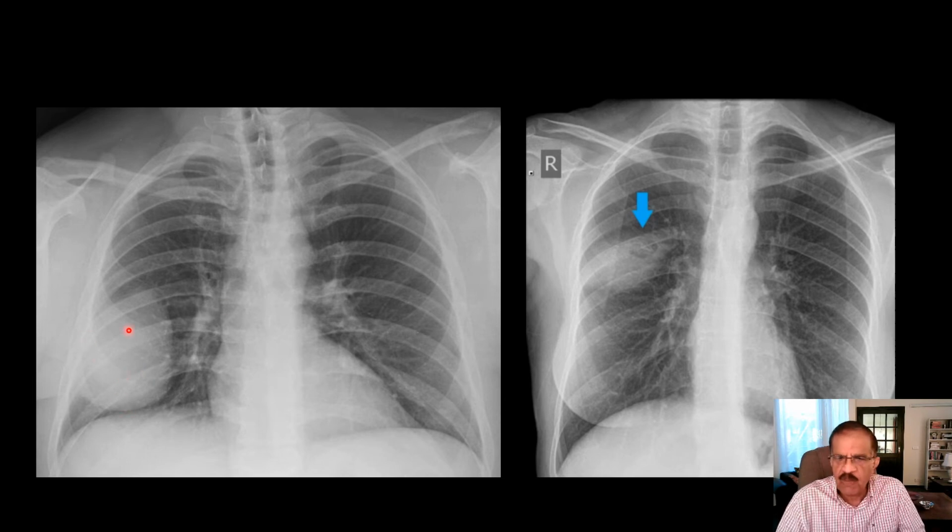Sometimes effusion may be encysted in the oblique fissure or transverse fissure or against the chest wall. Now, this one, for example, is actually an encysted effusion in the transverse fissure. This is the transverse fissure, and this may be an encysted effusion.